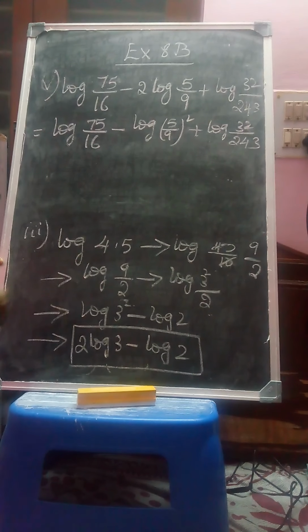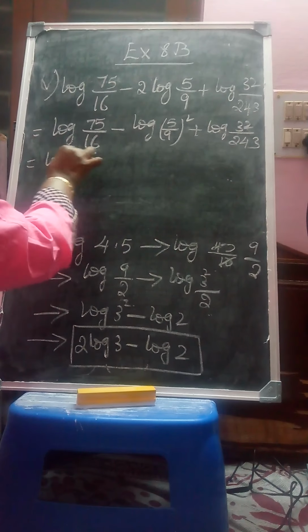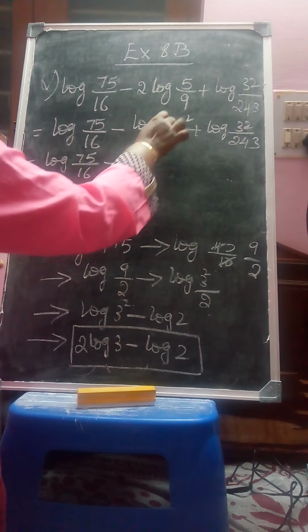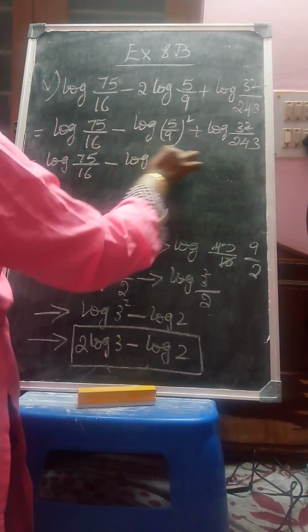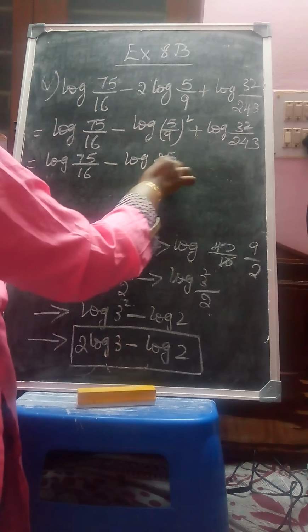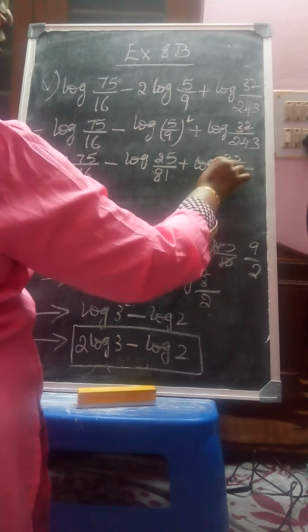Okay. Now the next step will be log 75 by 16 minus, 5 square will become 25 and 9 square will become 81, plus log 32 by 243.